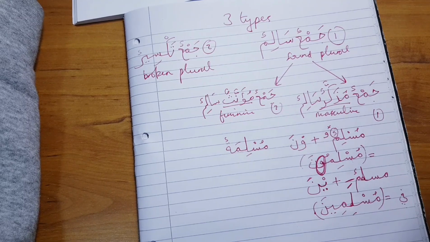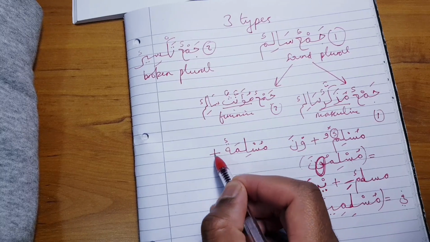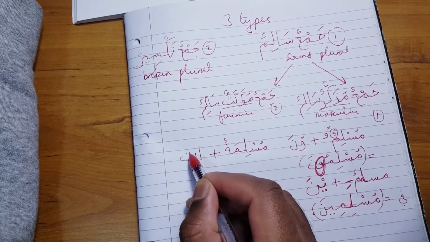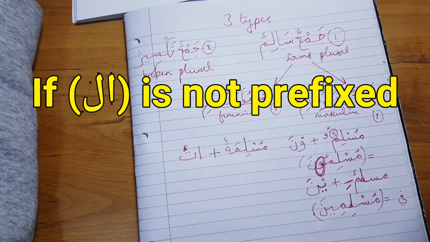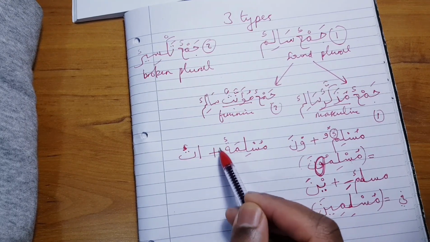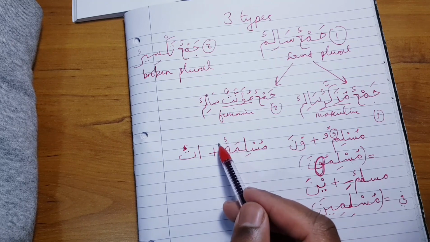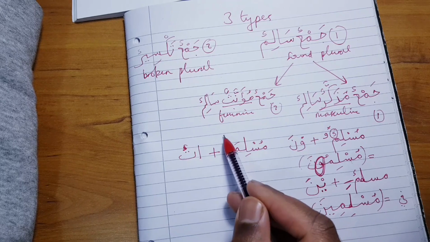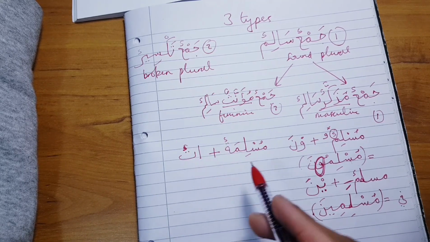If we want to make Jam' mu'annath salim, we need to add alif and ta. The ta is going to have tanween. If the singular word has ta marbuta, we have to take off the ta marbuta completely with the tanween on it before adding the alif and ta.